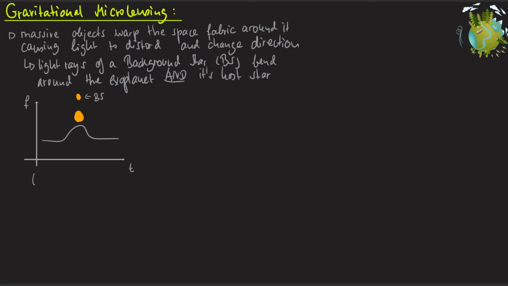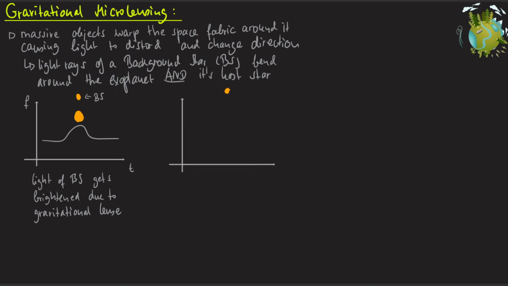It's functioning as a lens. The light of the background gets enhanced, gets brightened. So we have this bump here of an increased brightness when the gravitational microlensing event is happening, like when the background star moves behind the front star.